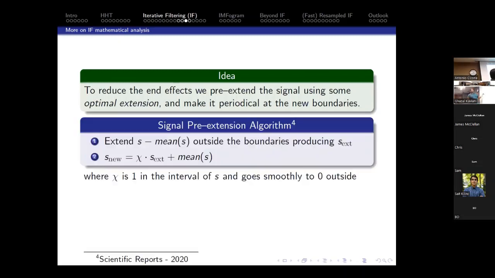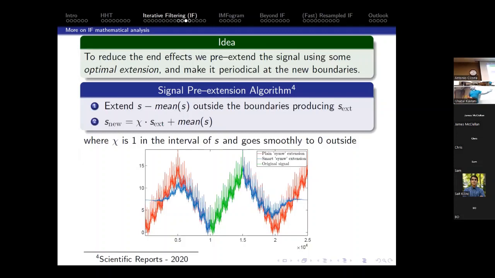And then we also recently proposed a naive approach to better handle the boundary, which is basically pre-extending your signal. If you do not want to lose any data point, you can pre-extend left and right, and then make the new extended signal periodical. Like in this example, green is the original data that you do not want to lose, and you pre-extend it in red, in any way you want, and then in blue you make it periodical by basically windowing it.